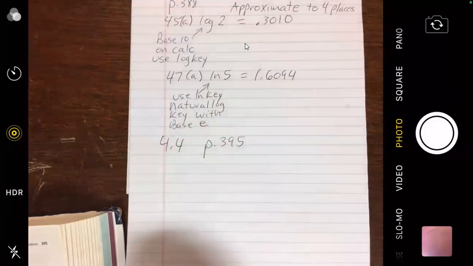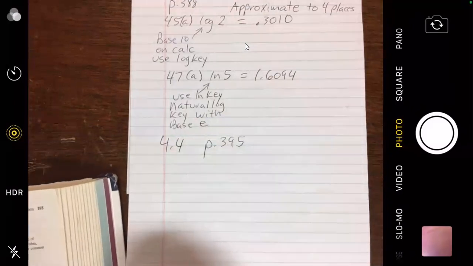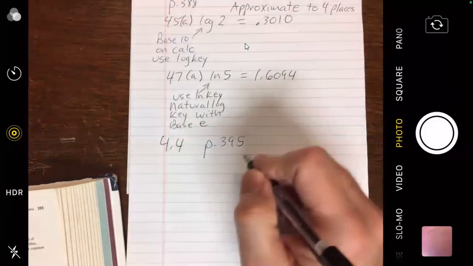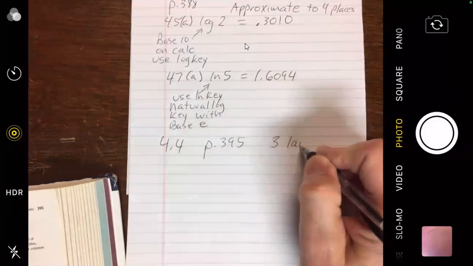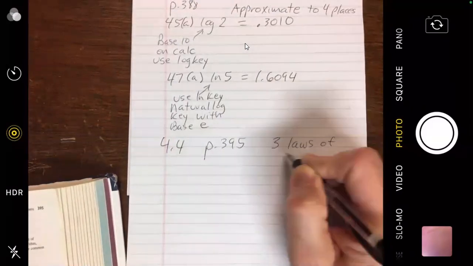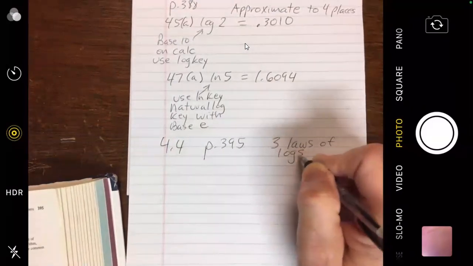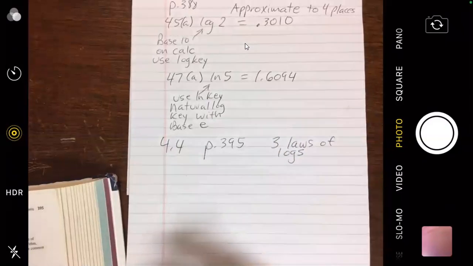They're talking about 3 laws of logs. I hope everybody remembers this again without a whole lot of lecture to it. Should mention them before we charge in.